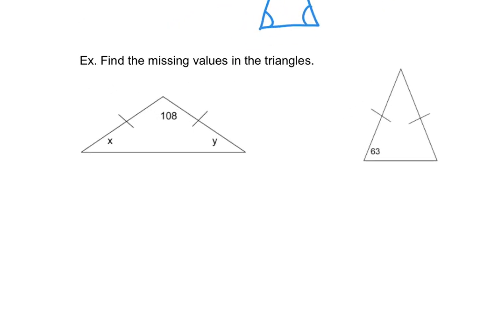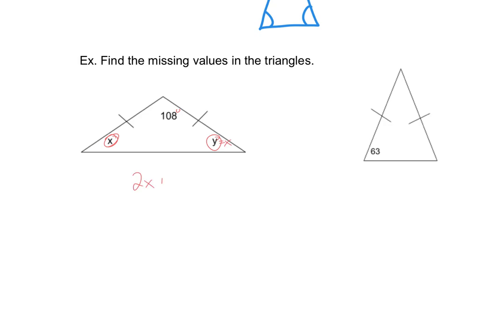Okay, so I have 108 degrees, and then the two base angles of an isosceles triangle. So we note that the two sides are congruent, so we have an isosceles triangle. That means that x and y have to be congruent as well. So I'm going to call y equal to x.